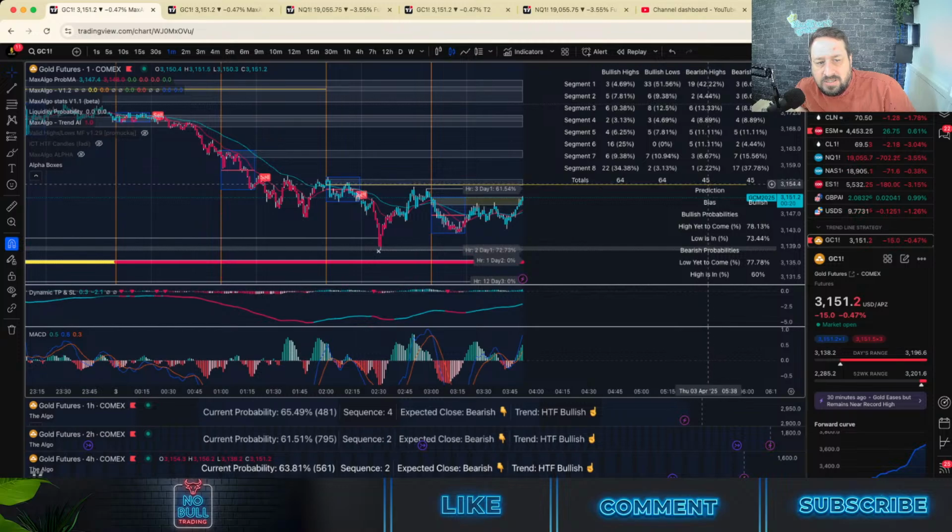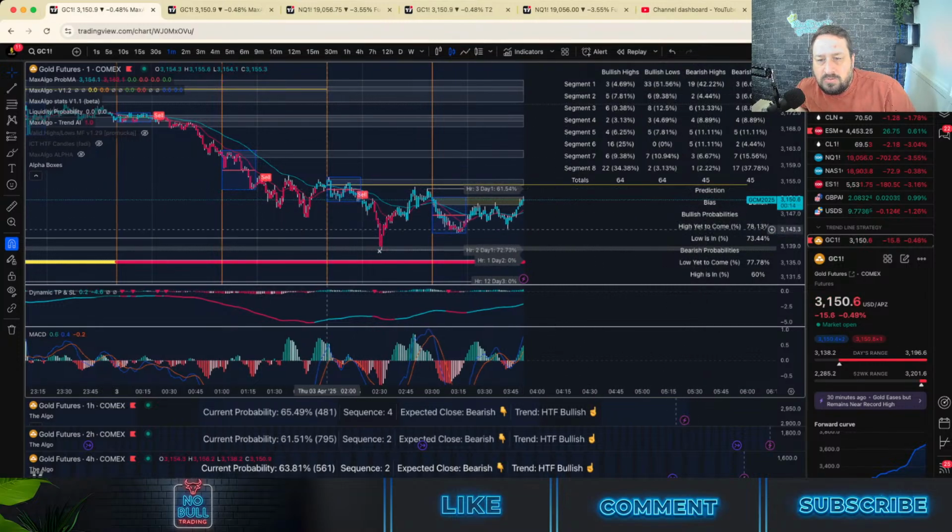You can see, over the last 45 bearish candles, 42% of them had the high in the first 30 minutes. So if we took the low in the first 30 minutes, then if we're going to go bullish, it would mean the low is going to be in segment 2. And as you can see, only 9% of that happened.